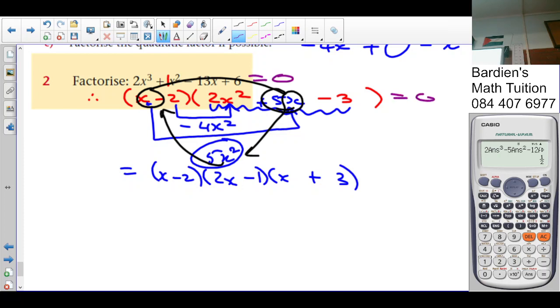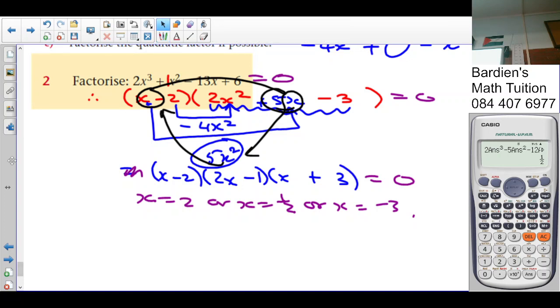That would have been equal to 0. That would be equal to 0. And to solve the cubic equation, that would simply be x is equal to 2, or x is equal to a half, or x equal to minus. You guys understand? So that's the only difference now with the next part of the work. Okay? So let's read what they say.